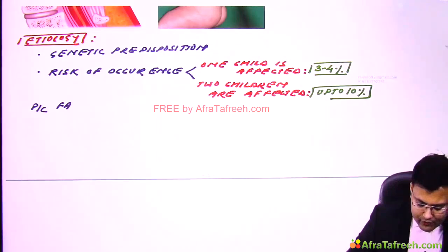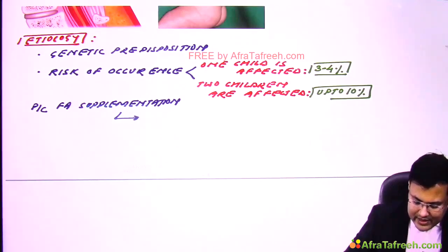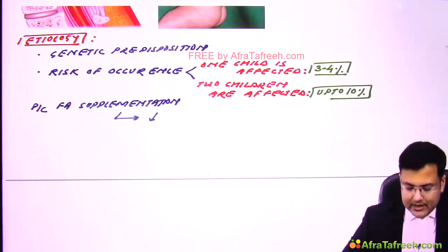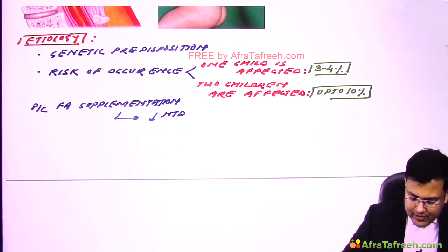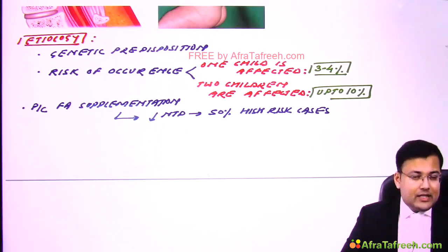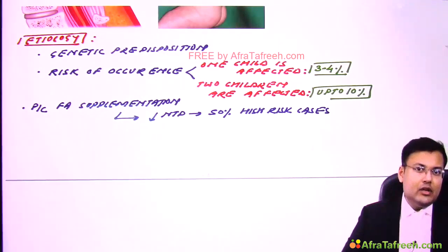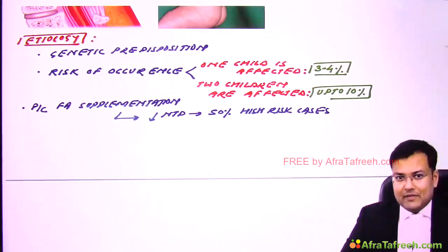Periconceptional folic acid supplementation can decrease the incidence of neural tube defects by 50% in high risk cases.